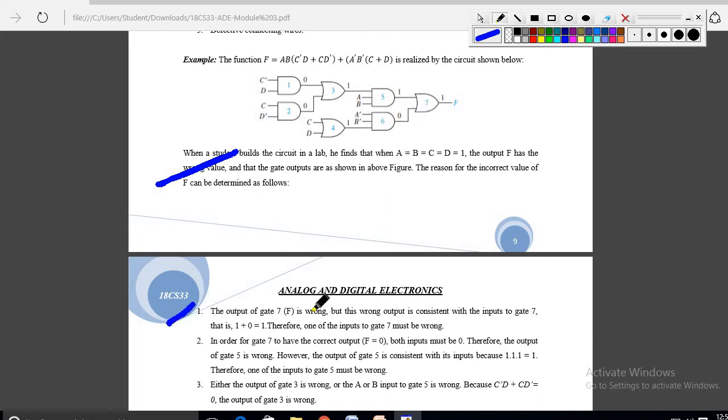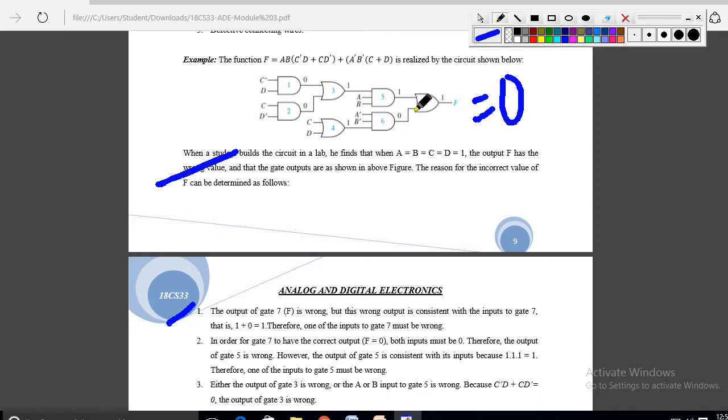So this is the first step. The second step is: in order for gate 7 to give the correct output F equal to 0, I need F as 0. For that reason both the inputs must be 0. Here it is 1, so the inputs are 1 and 0. If I want 0 here, both the inputs should be 0, right?